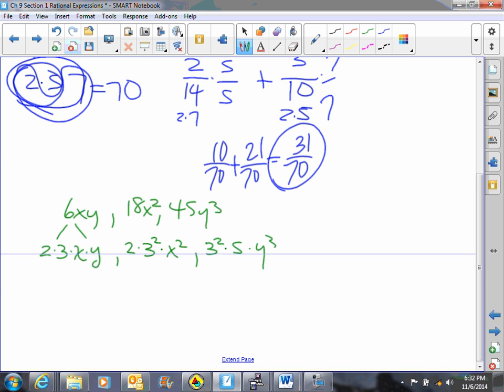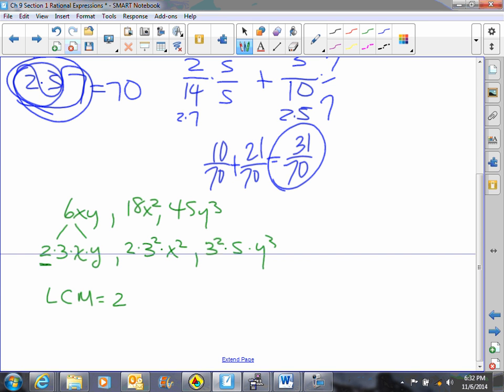Now the lowest common multiple needs a factor of 2 because there's a 2 in this first one here. Now there's also a 2 in the second one, but one 2 is going to be enough because no single number has more than one factor of 2 in it.